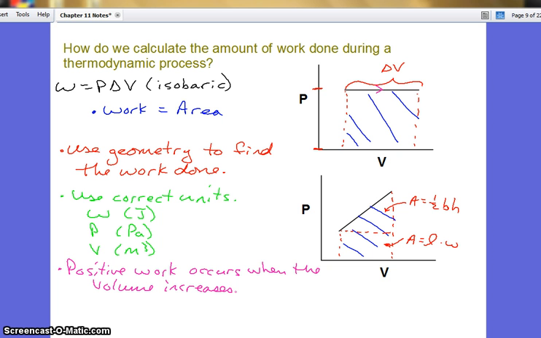We can see the volume increases because the graph would go to the right. So they're going to give us an arrow here showing the direction in which this transformation is taking place. So the graph moves right. Negative work is done in the opposite situation, when the volume decreases or the graph moves left.